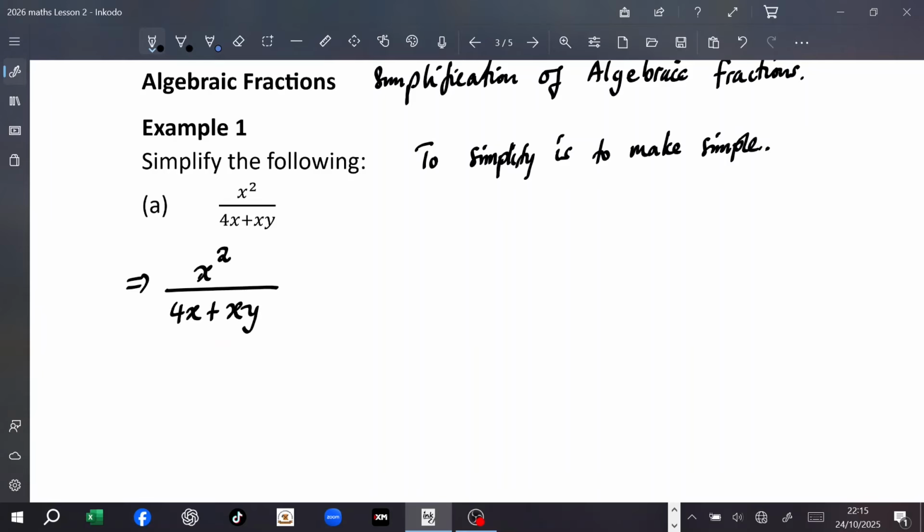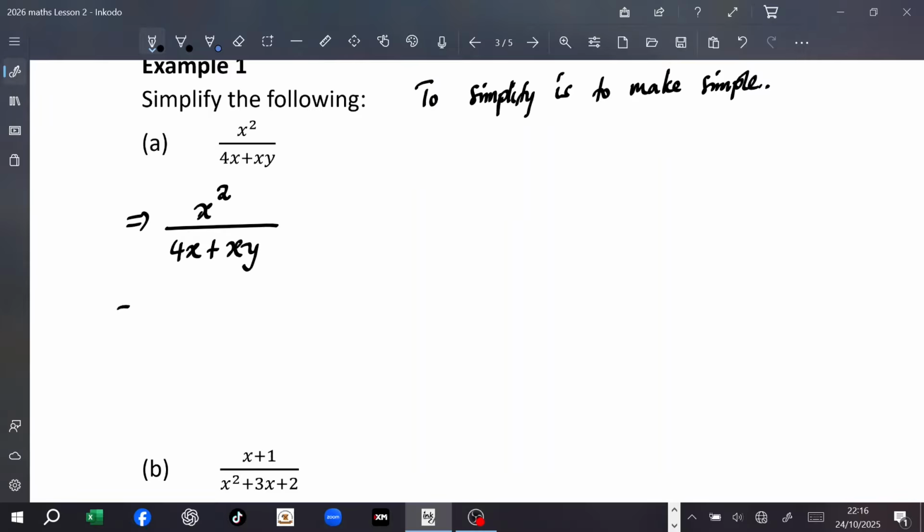Simplification will just require you to factorize what you see to be common where needed and also simplify. For instance, what is on top means x times x. Then down here you factor what is common, x, because there's addition. So x is common, you remain on this side with 4, then plus y, you close.